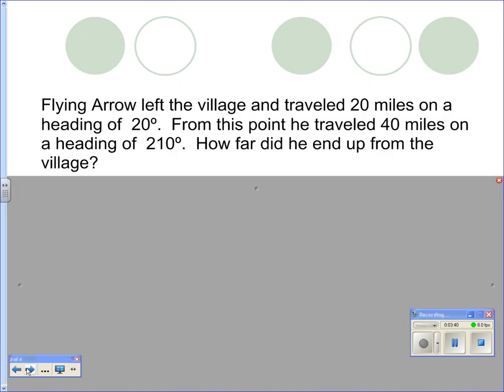So let's look at an example. Flying Arrow left the village and traveled 20 miles on a heading of 20 degrees. From that point, he traveled 40 miles on a heading of 210 degrees. How far did he end up from the village?